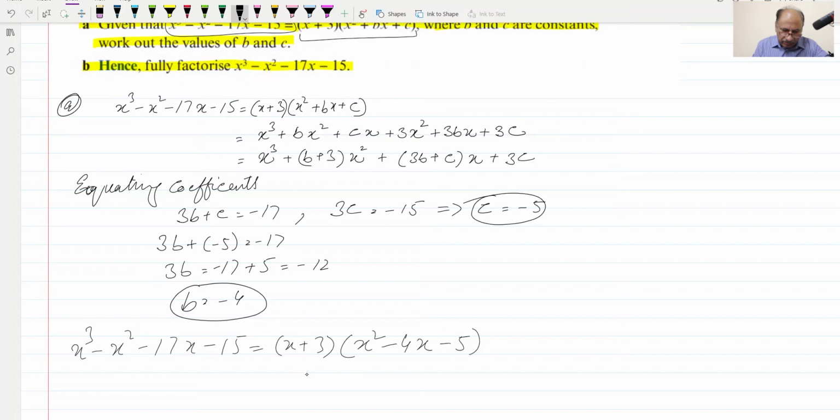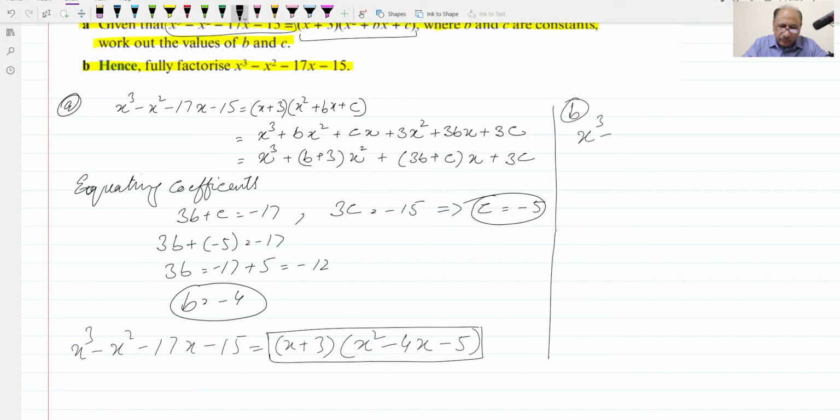So this will be our final factors for this equation which we had done in part a, and we can use the same result for part b also. This is the same equation which we have been given, x cube minus x square minus 17x minus 15, and we can write it as x plus 3 into x squared minus 4x minus 5.